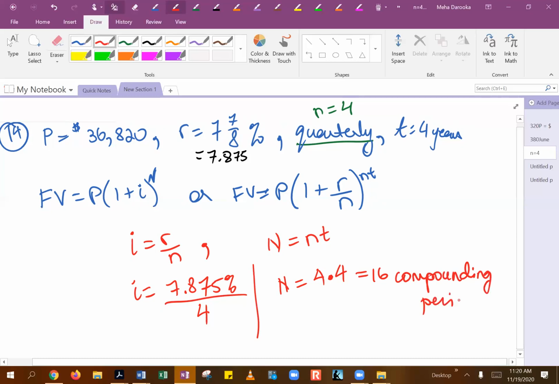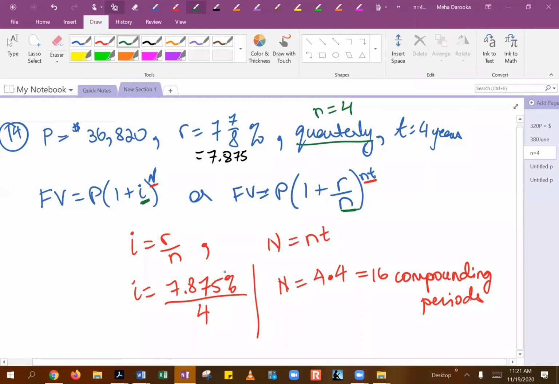So you would have 16 compounding periods, and you can see that n times t is the same exponent you have over here. This i, where you have 1 plus i, is r divided by n. So your formulas are not different, it's just the way they present it to you.